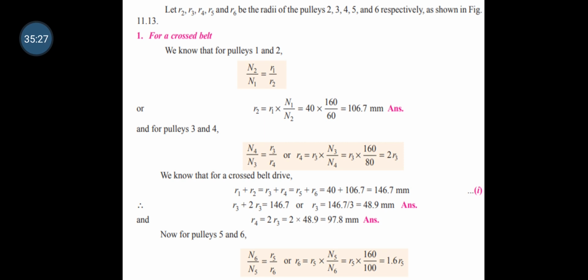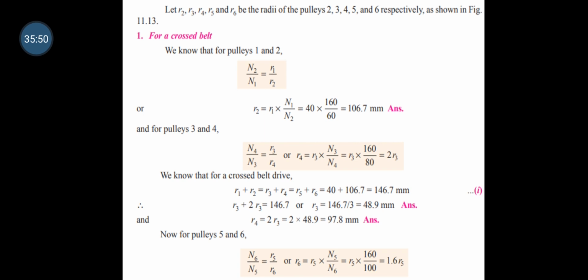Now for the pulley 5 and 6, the same way, N6 divided by N5 is equal to R5 divided by R6. Into the relations, R5 into 160 by 100 is equal to 1.6 R5.